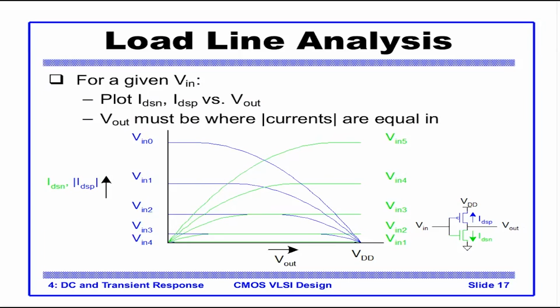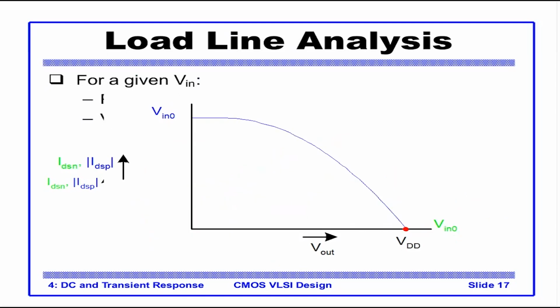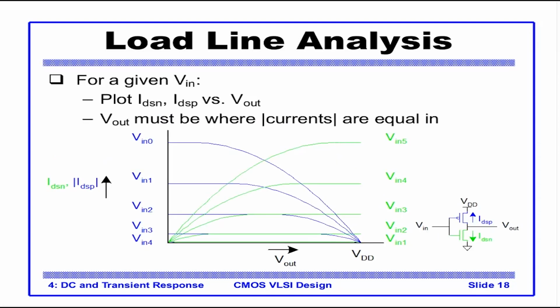Now let's see the different voltages, and what happens to the current. Let's look at V in 0. Very clear. If V in is 0, let's go back to the compound graph. This is the V in 0 point, V in 1 volt, V in 2, V in 3, V in 4, for example. In this direction V in is increasing for PMOS, and for NMOS in this direction V in is increasing.